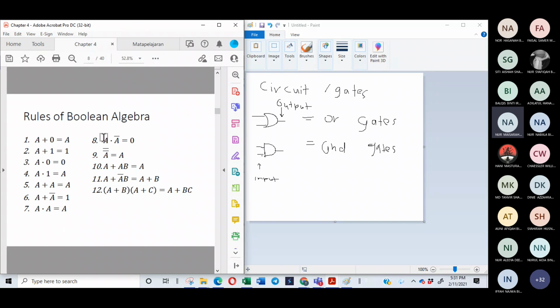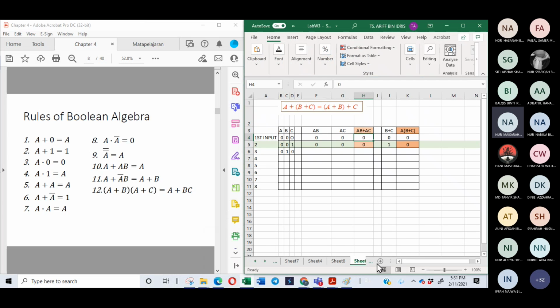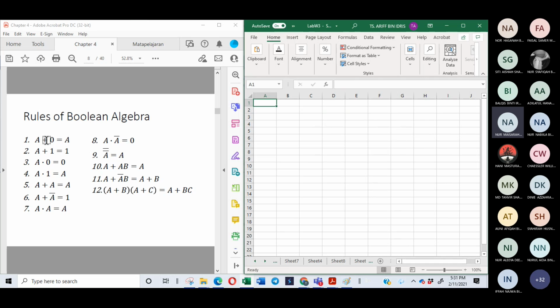So for the last part, we will go through together the rules of Boolean algebra. This one also you can prove by using the truth table. The rules of Boolean algebra: A plus 0, the answer is equivalent to A. How to prove this first rule is true?